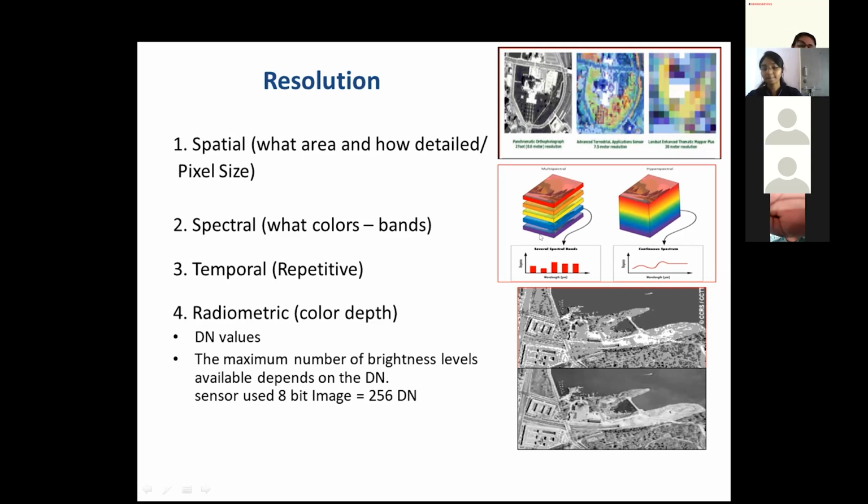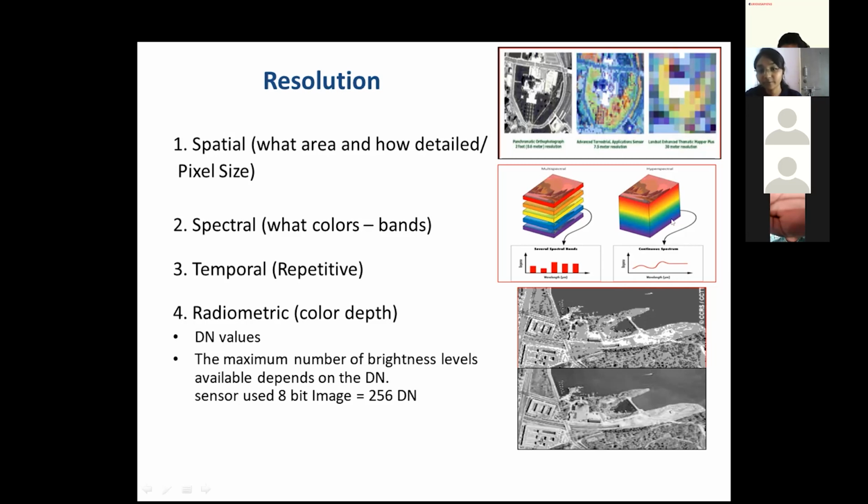Then there is one thing called radiometric resolution. The reflected data from the earth's surface, or emitted data, or any kind of data that a sensor captures, is stored in digital numbers. These digital numbers are brightness levels.